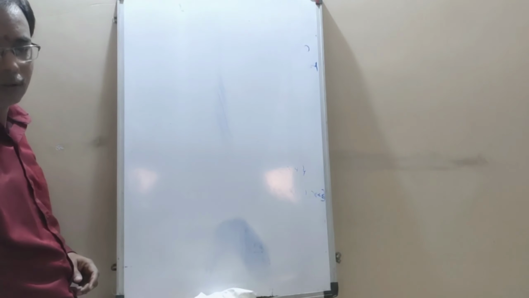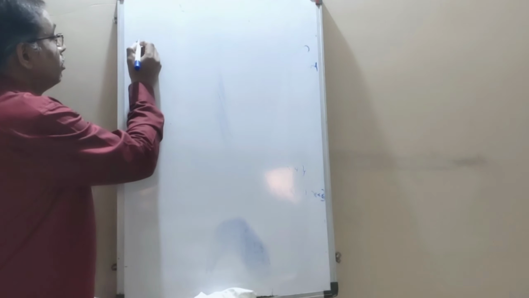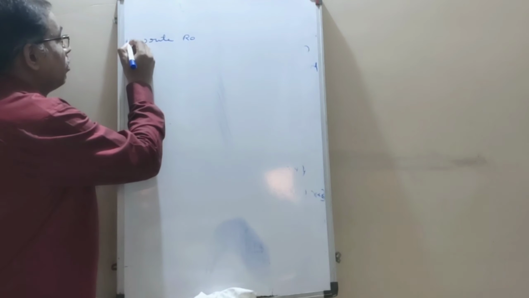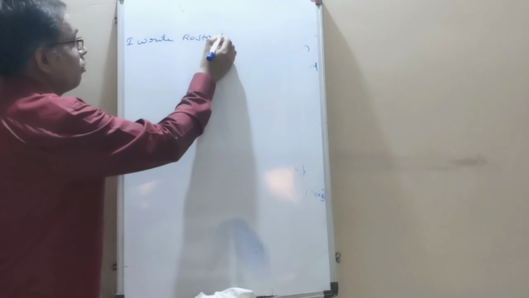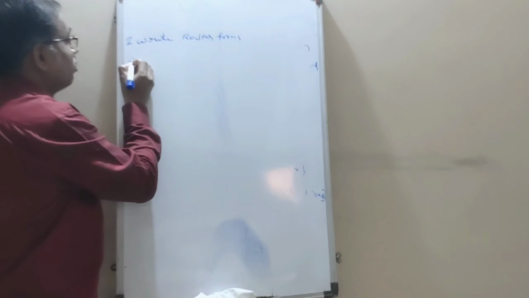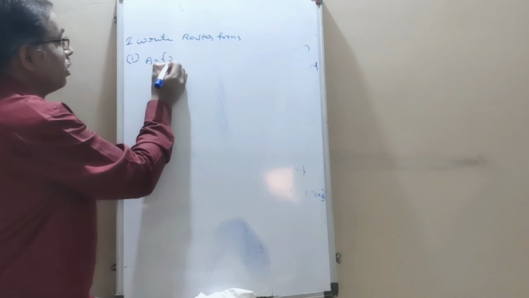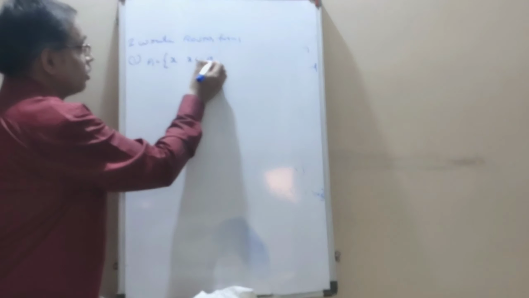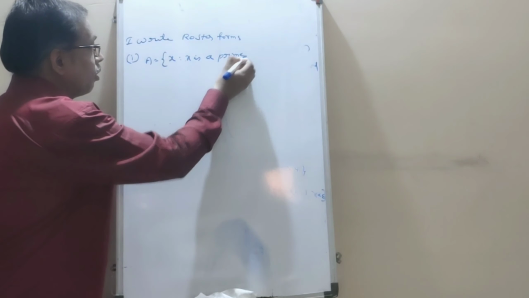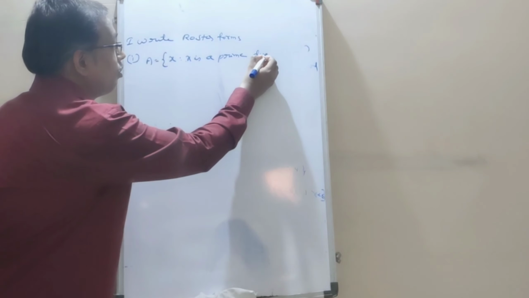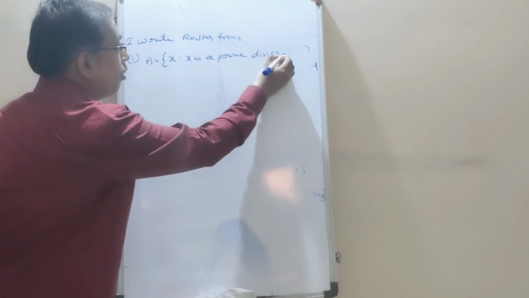The very first one is here. Write roster forms. First one is x is a prime divisor of 6.